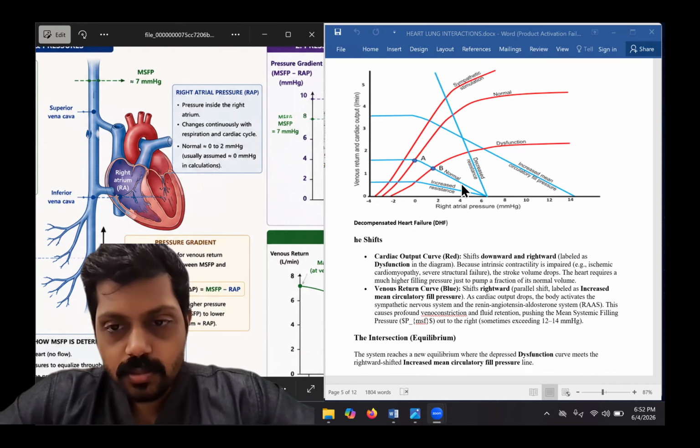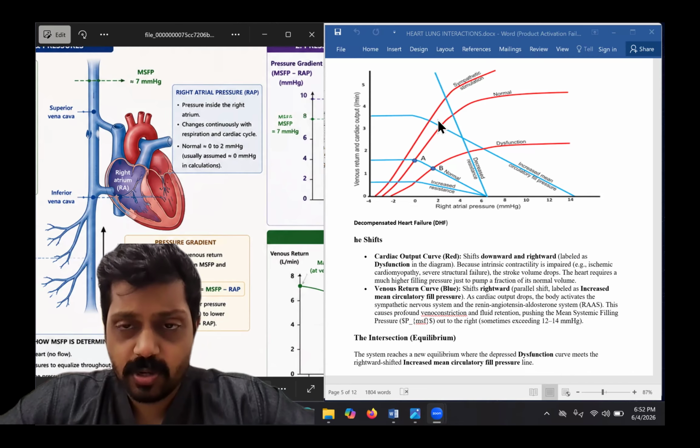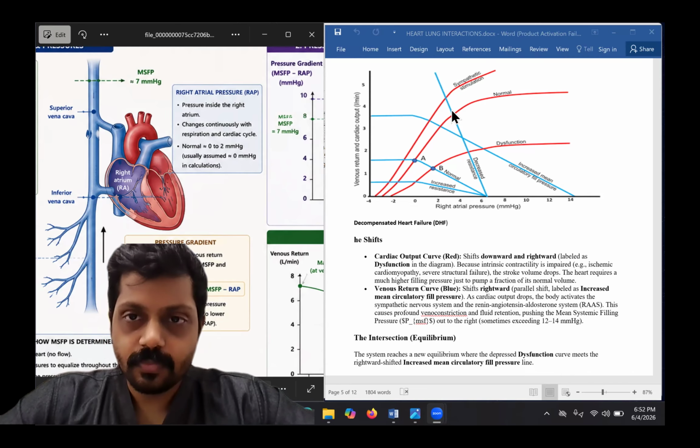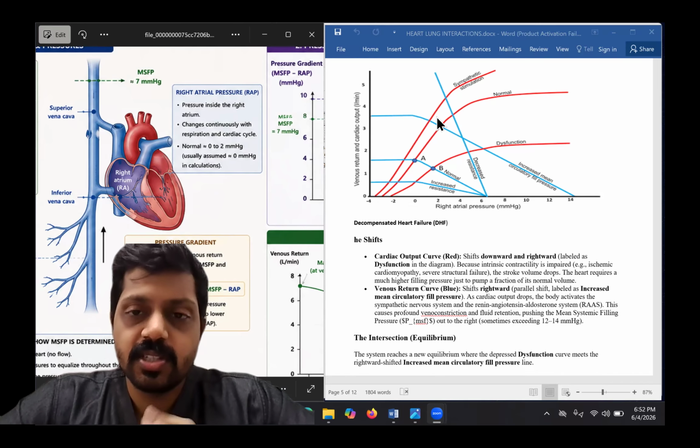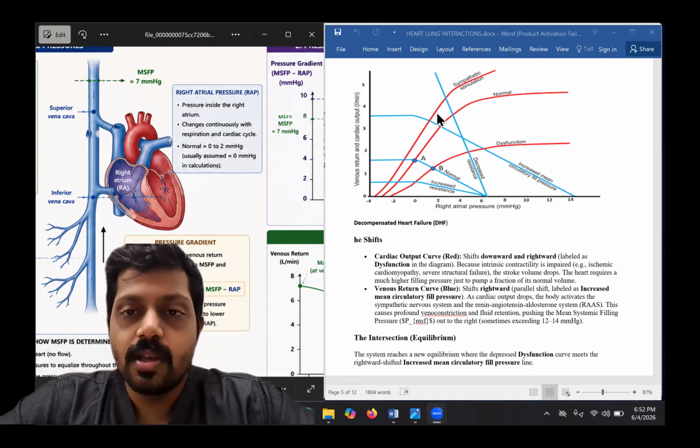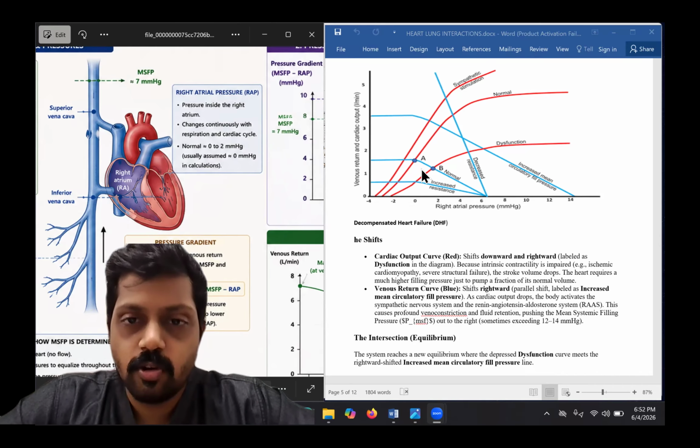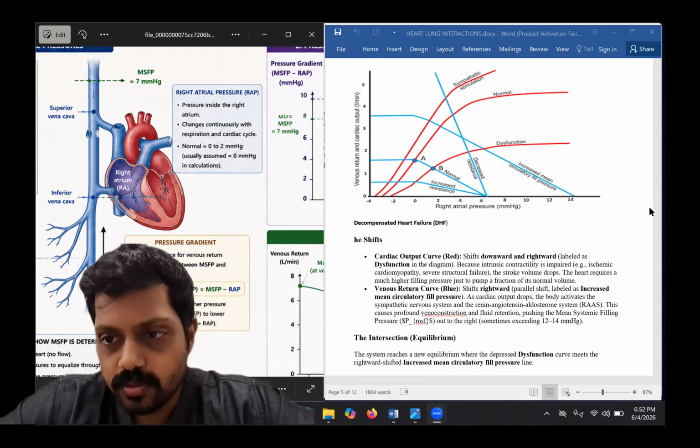So what happens in the cardiac output curve in sepsis? Remember, sepsis involves a catecholamine surge. There is increased cardiac sympathetic stimulation, causing the cardiac output curve to shift upward and leftward.